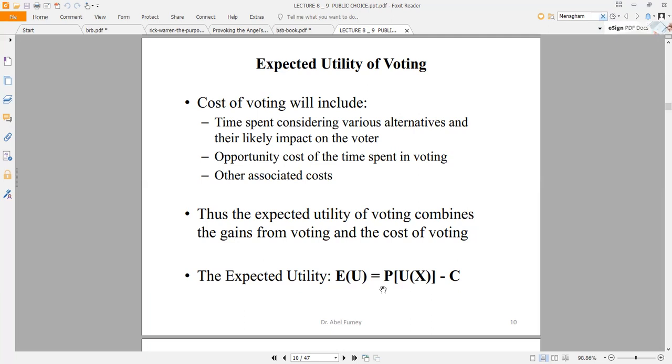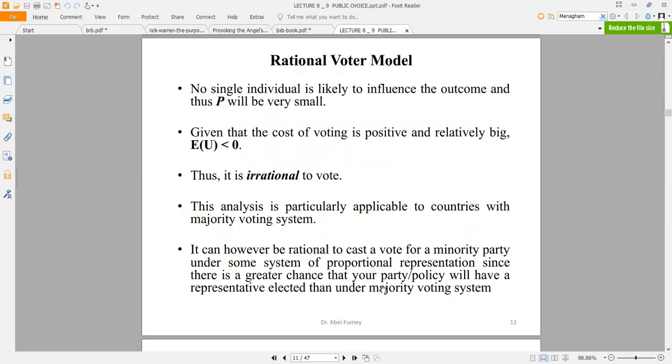So that probability times the utility that you are getting from voting minus the cost of voting, that is going to be your expected utility. Okay, so you subtract the cost from the probability times the utility that you actually get from policy X. So that is the expected utility.